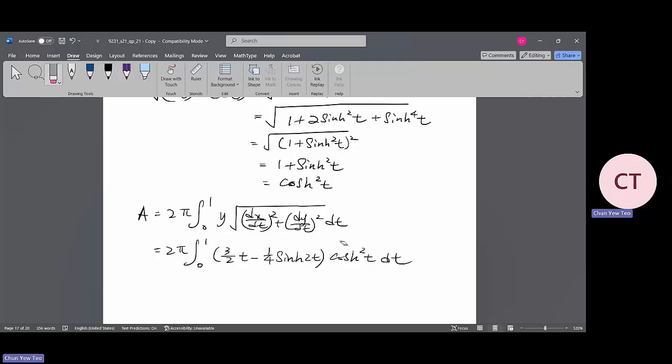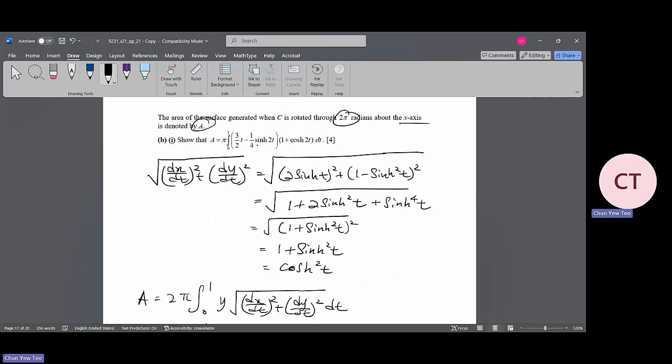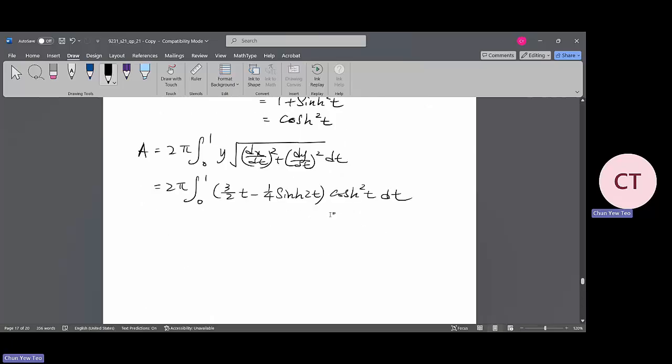Now, however, this is not the same as the expression that they want you to show. We have this part correct already, but they have 1 plus cos 2t. So we need to convert it to 1 plus cos 2t.